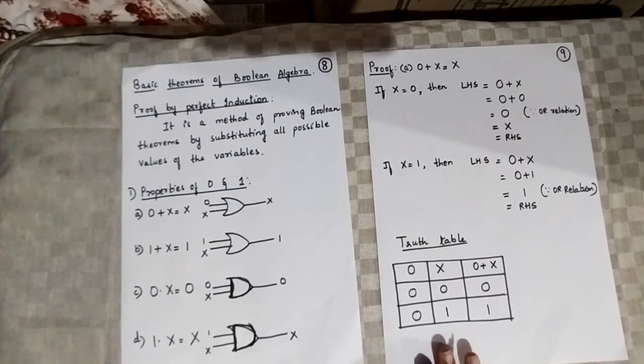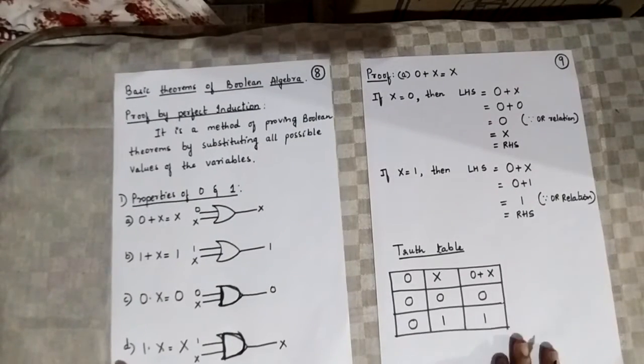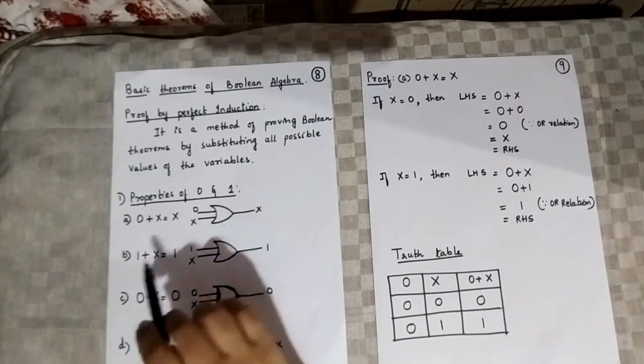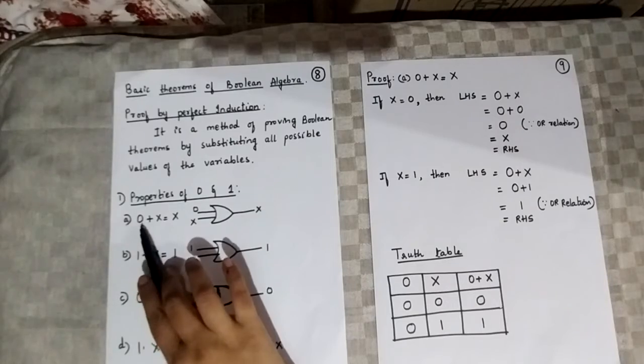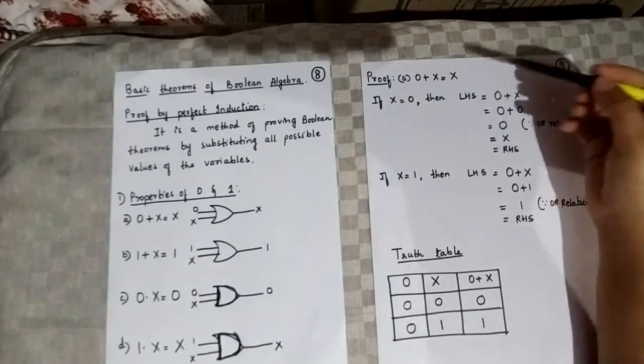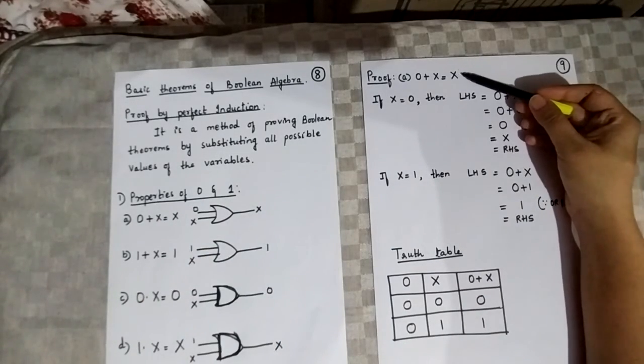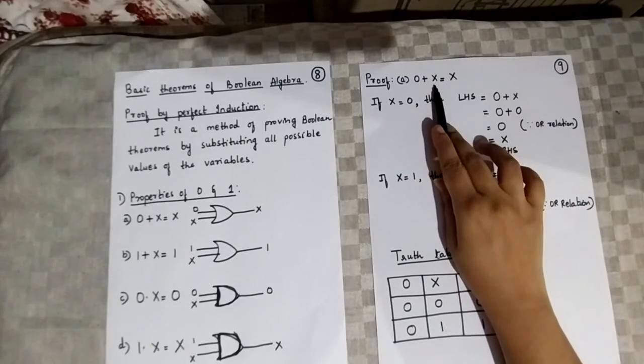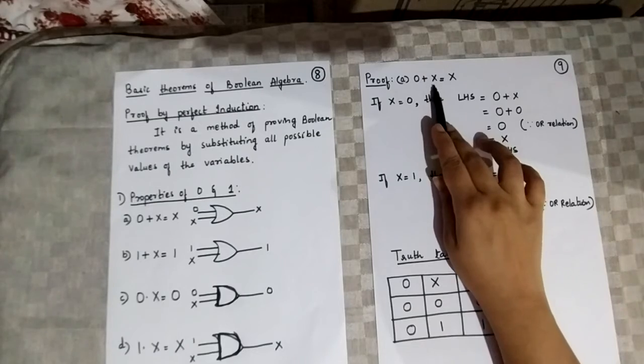Now we have to prove them. How to prove? With the help of proof by perfect induction. Considering the first one, 0 plus x results in x, I have taken that particular theorem here. Now what is the logical variable here? It is x.